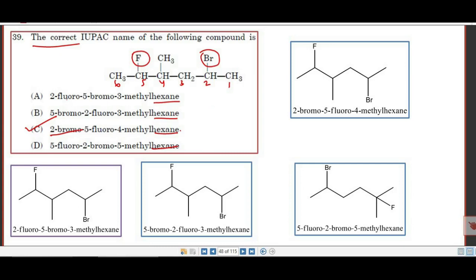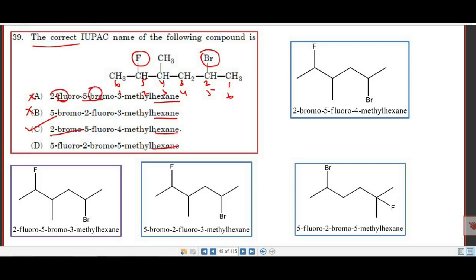Suppose you take option A, it's 2-fluoro. 2-fluoro means you have to number like this: 1, 2, 3, 4, 5, 6. 2-fluoro, 5-bromo, 3-methyl hexane. The numbering is wrong, hence option A is ruled out. The numbering is wrong, and also it was not following alphabetical order.